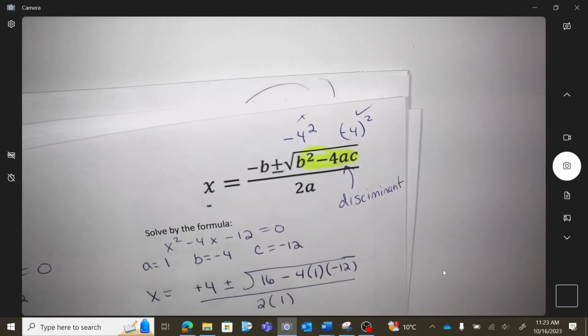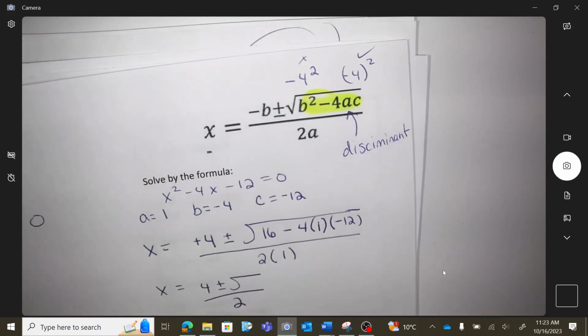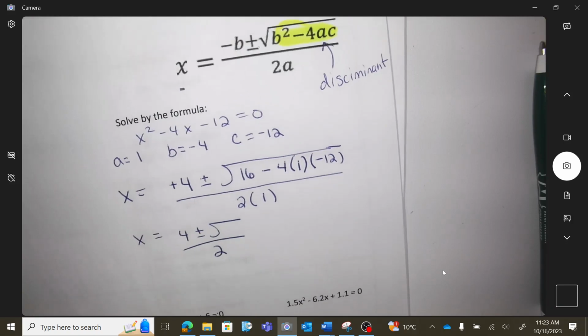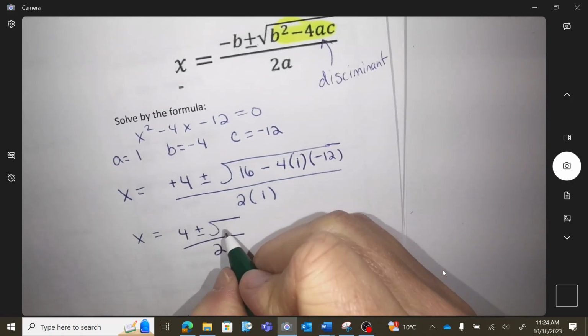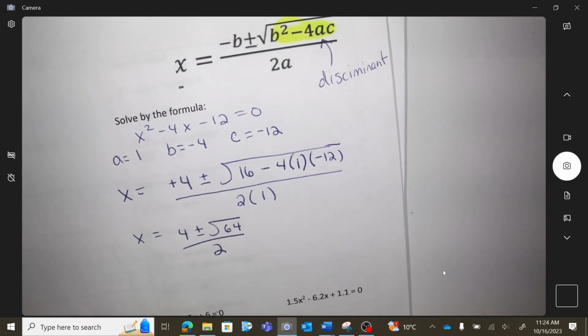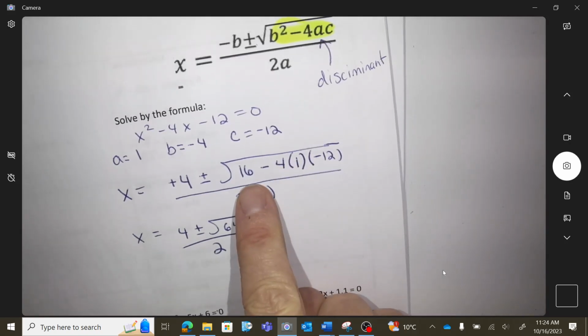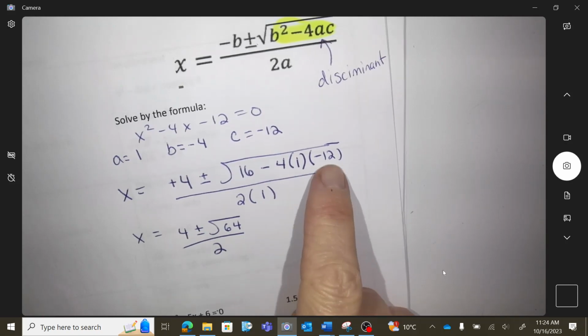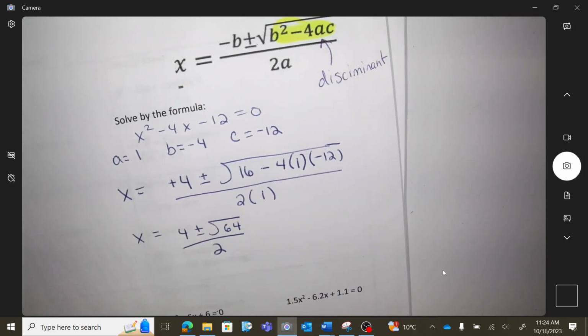So, hey, what is the discriminant number? Type that into your calculator. And I got 64 out of that number. 16 subtract 4 times 1 times negative 12. 64?